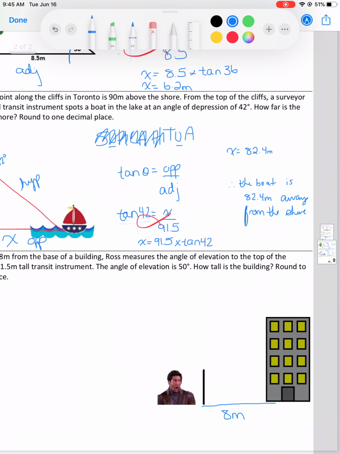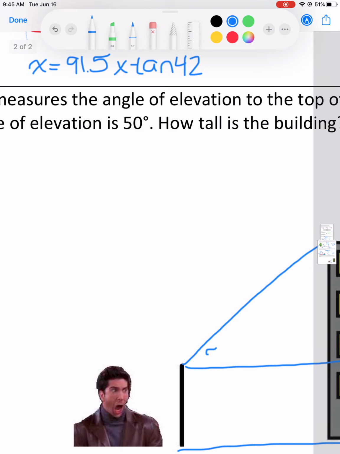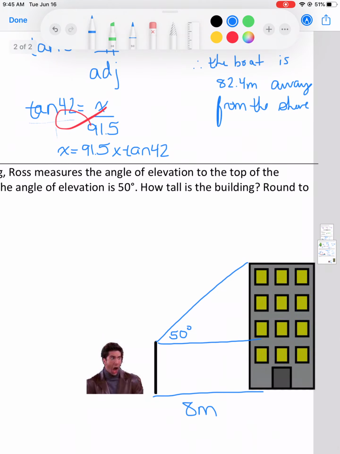He measures the angle of elevation, so here's the sight line, okay? So the angle of elevation is 50 degrees. How tall is the building?